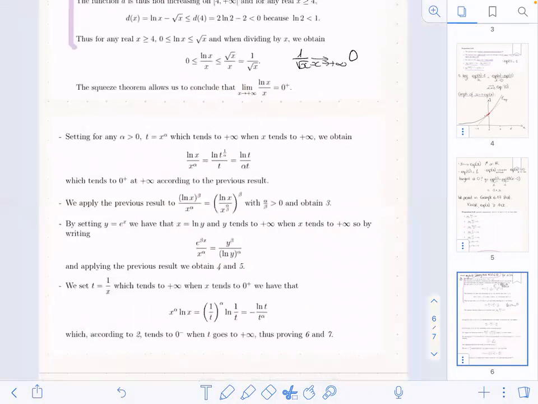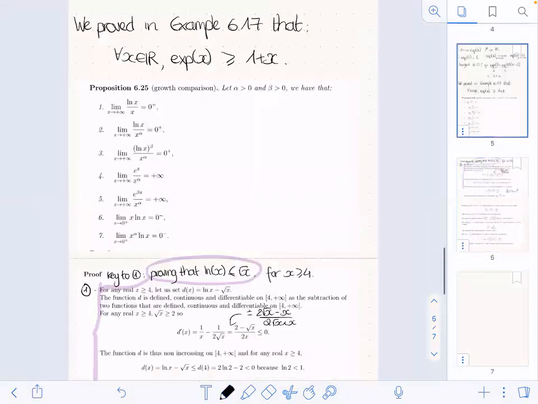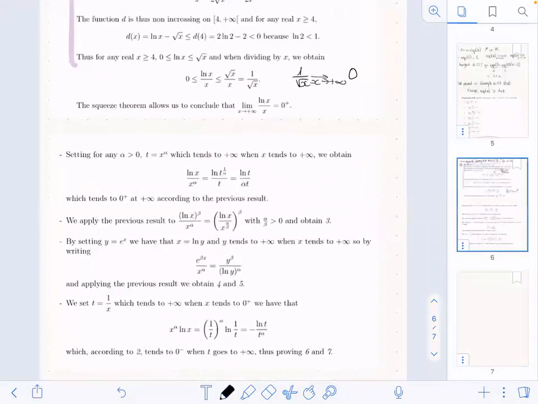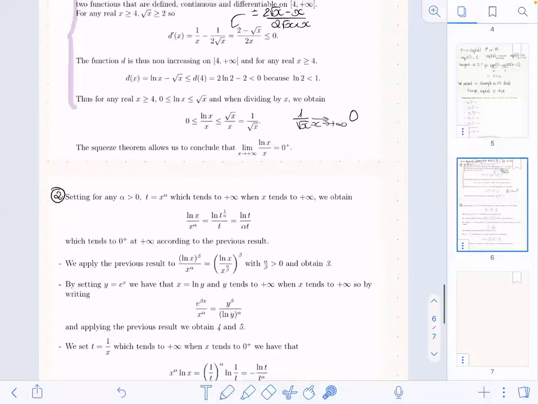So the second bullet point is related to the second result. So this bullet point is for point 2. And it's a direct consequence of the previous result. So what we want is the limit of logarithm of x over x to the power alpha. And what we're going to do is set t equal to x to the power alpha.